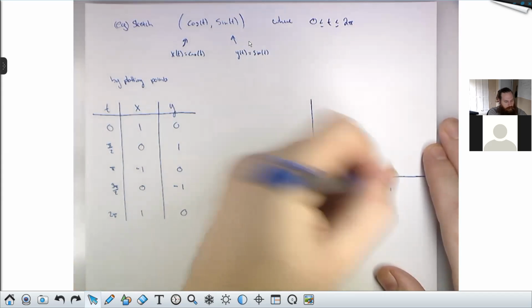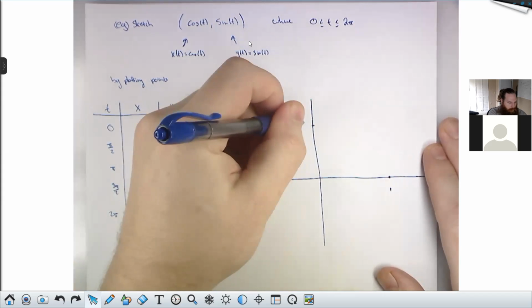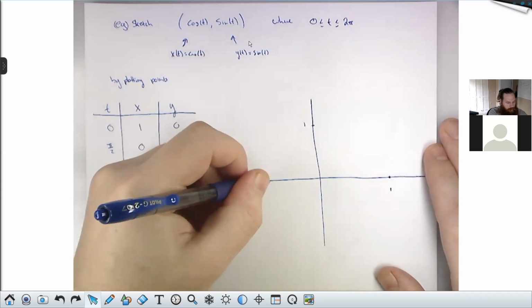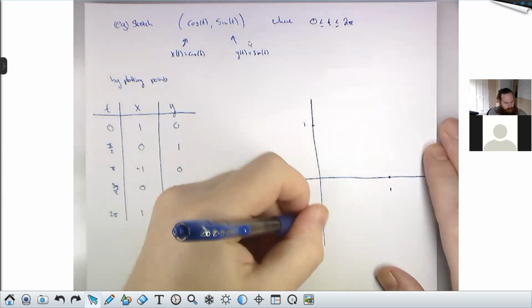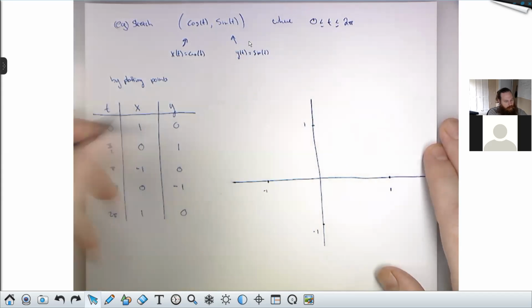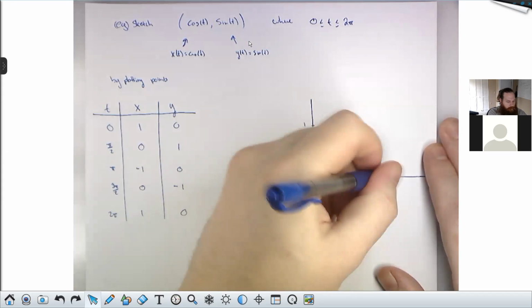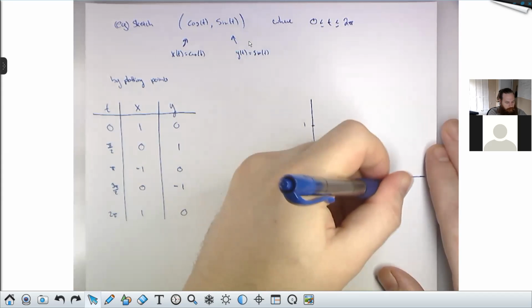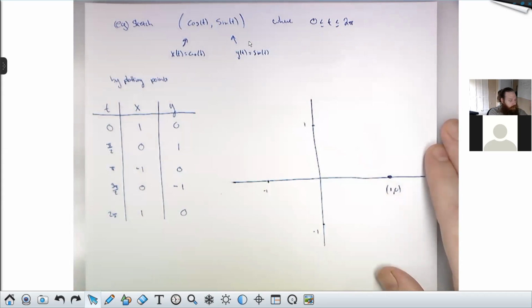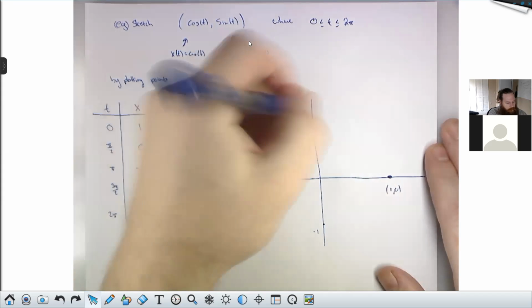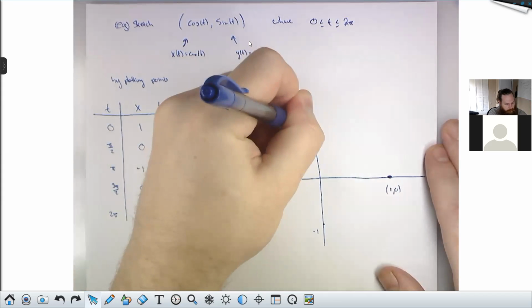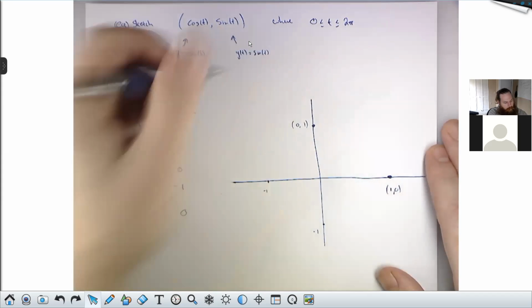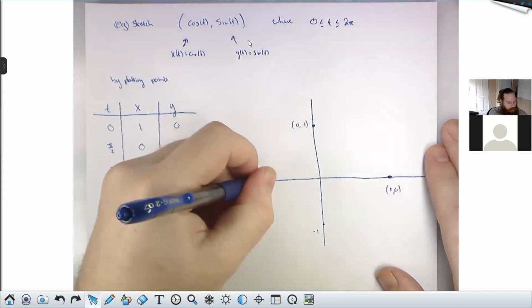Let's call this 1. So my first ordered pair is 1, 0. So this is my initial point. My next ordered pair is 0, 1. My next ordered pair is negative 1, 0.